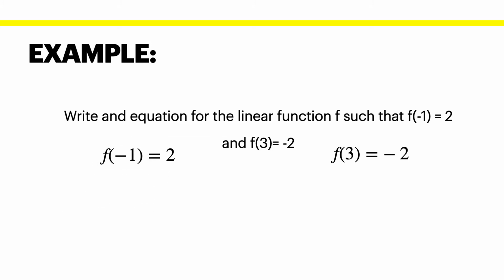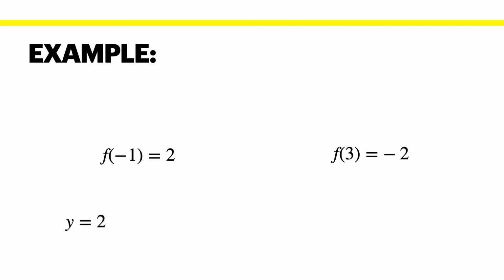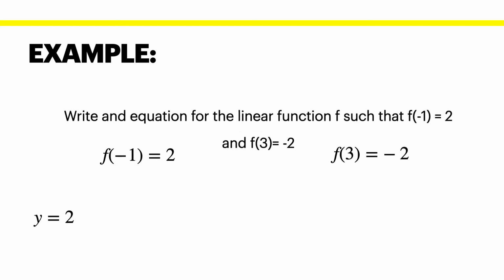Okay, so once we have that, let's focus on the negative 1 inside. Remember that this is just following the syntax of f of x, which means that if x is equal to negative 1, our y is equal to 2. So that's what this means. In this case, our x is equal to negative 1 and y is equal to 2.